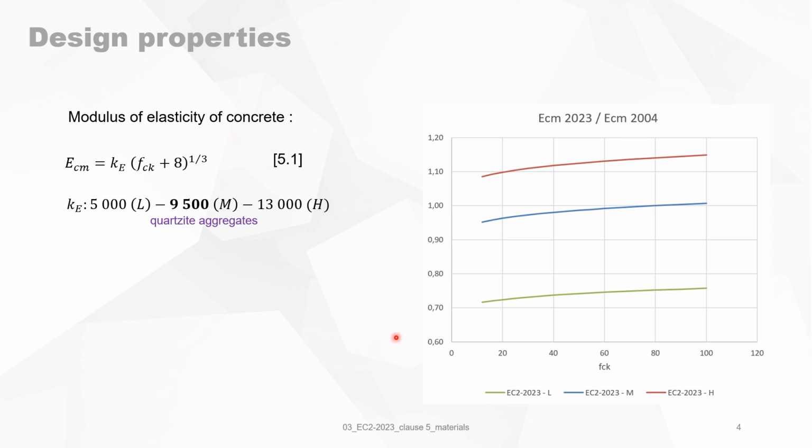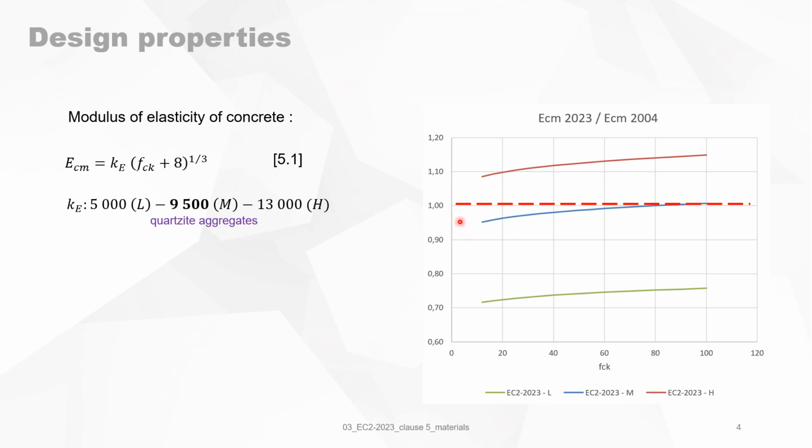Now we can put that in a small graph. The x-axis is the concrete quality, and the y-axis is the ratio between the value of the modulus of elasticity according to the version of 2023 divided by the modulus of elasticity according to the version of 2004.